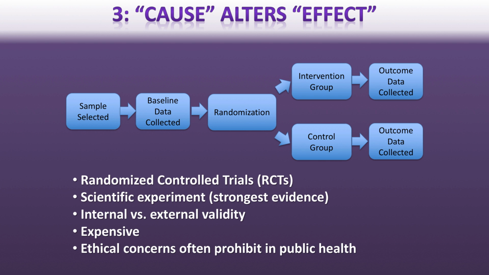If you think that there's a risk factor that's actually going to harm someone, it becomes unethical to do a study where you tell them to smoke or be exposed to a toxin or something like that, right? So even though this is a really strong experimental approach, it doesn't work very well in a lot of public health situations where we're trying to understand how a disease is caused.